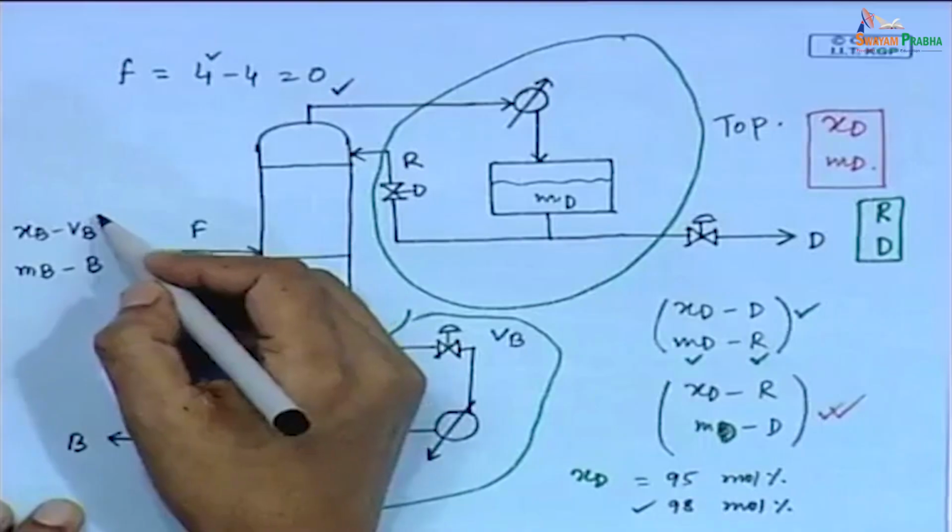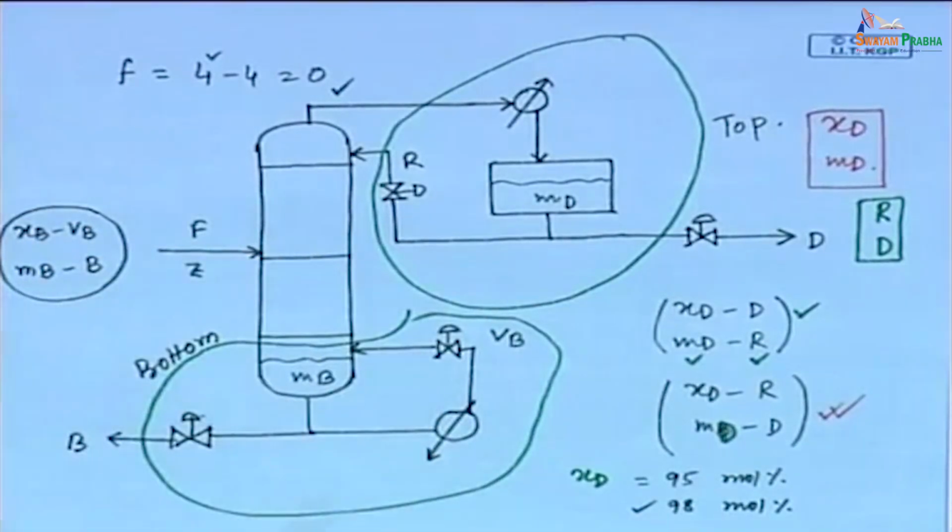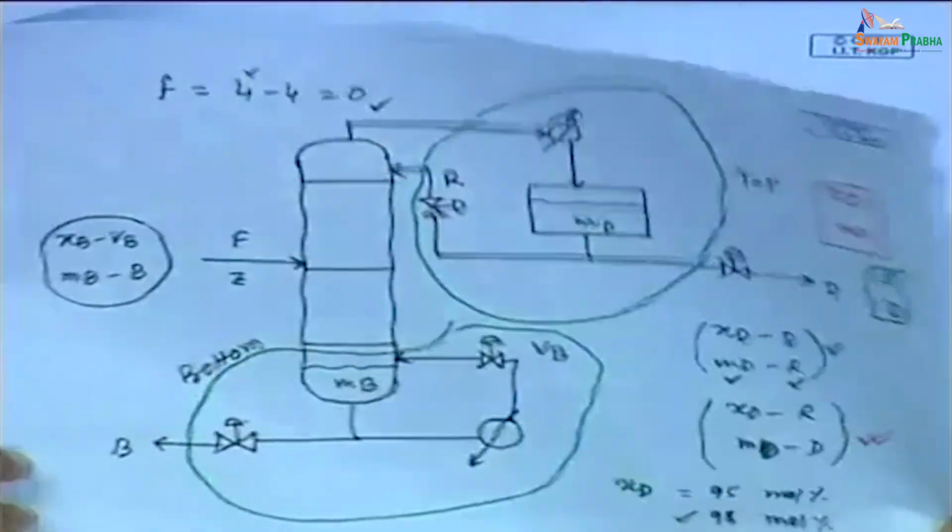So, by the similar way, as we discussed for the top section, this is the best option for the bottom section, XB versus VB and MB versus B. Fine, this is all about the mathematical modeling, degrees of freedom analysis of a distillation column.